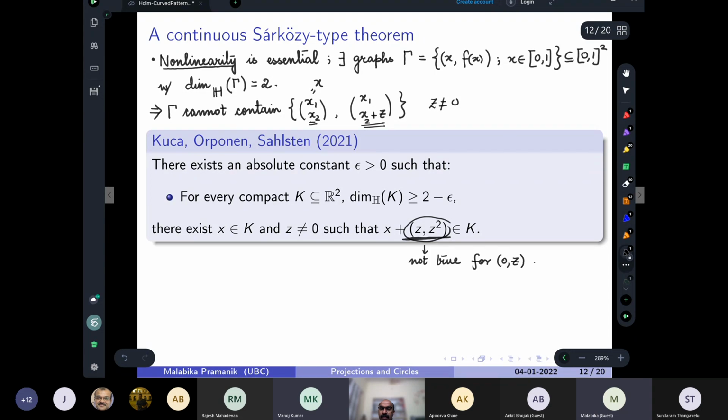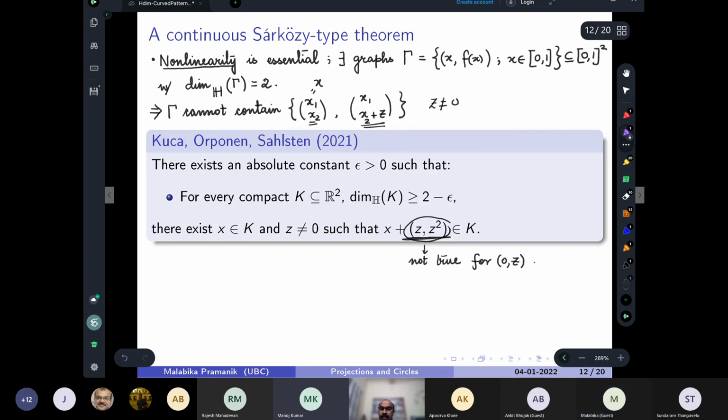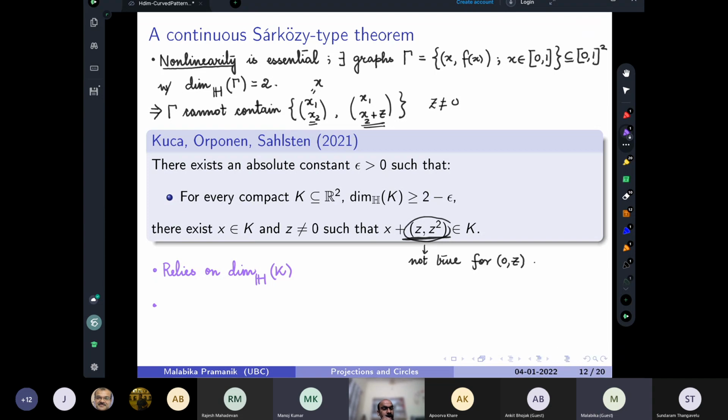Okay. So this was very exciting for a number of reasons. This result relies only on the Hausdorff dimension of K and on nothing else. And this was a substantial improvement on prior work. So the prior work was of two types.